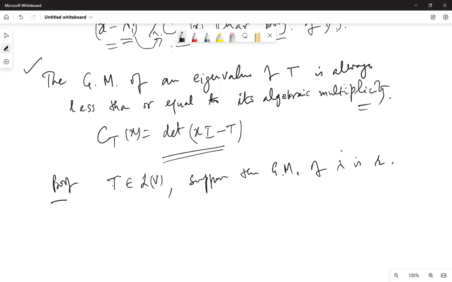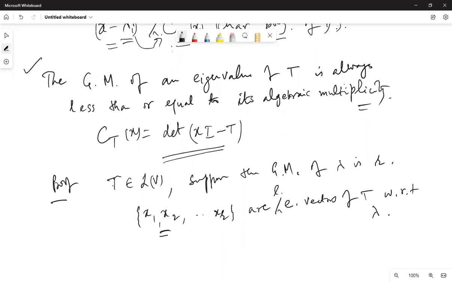That is, we have r linearly independent vectors which are eigenvectors of T with respect to lambda, right? They are moreover linearly independent.